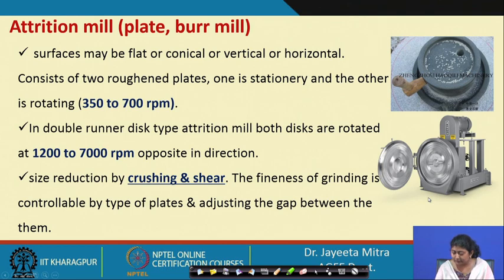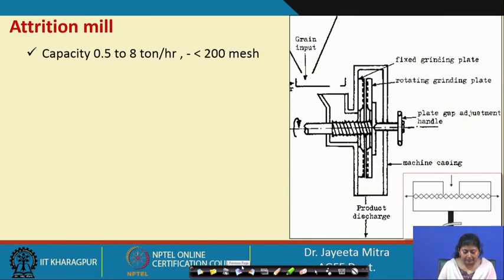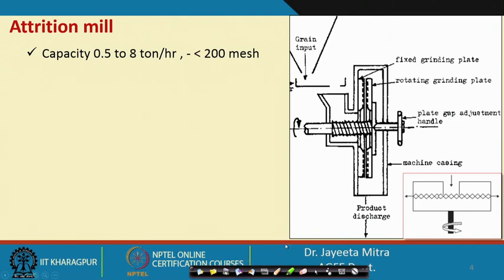When we give the feed between these two plates, based on the type, pattern or size of the feed material, we can adjust the gap between them, and we can also control the type of plate for controlling the fineness of the grinding. The capacity of this attrition mill generally varies from 0.5 to 8 ton per hour.